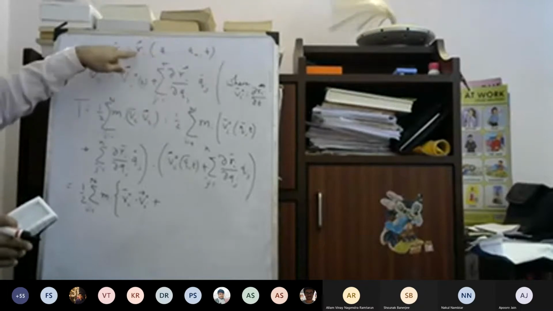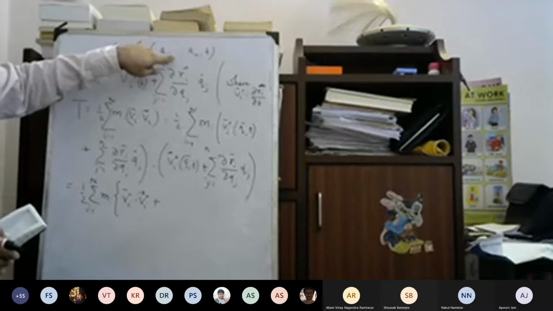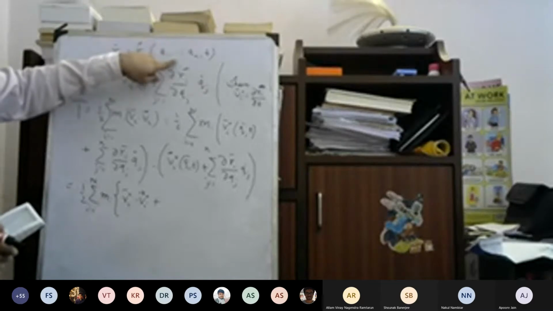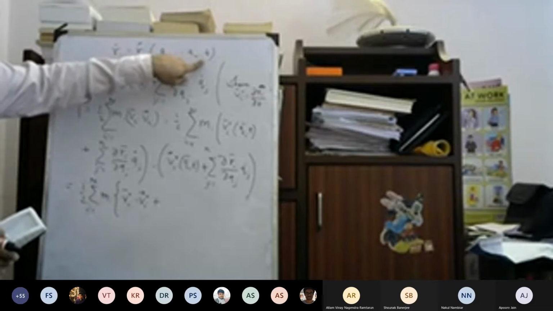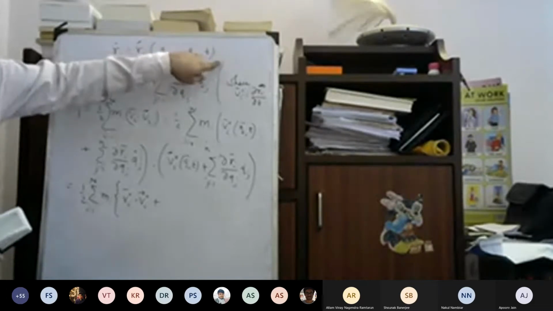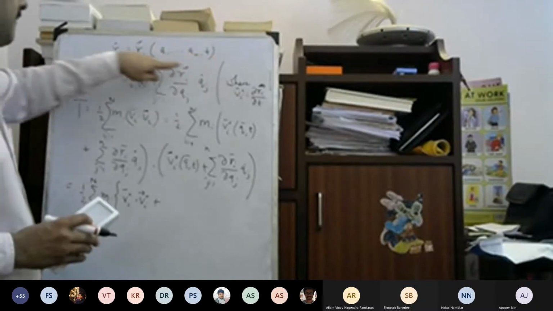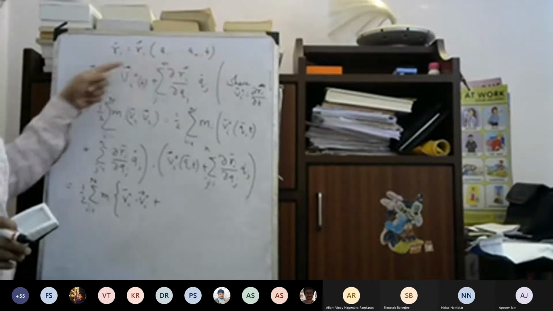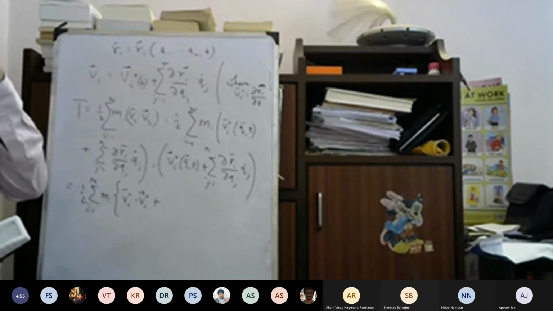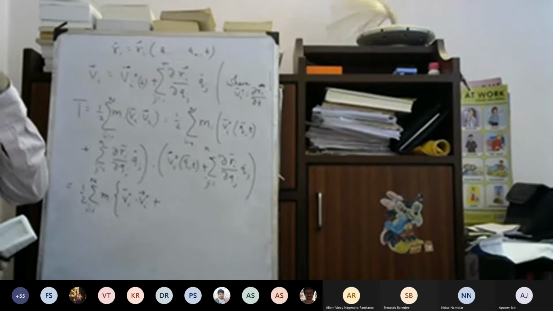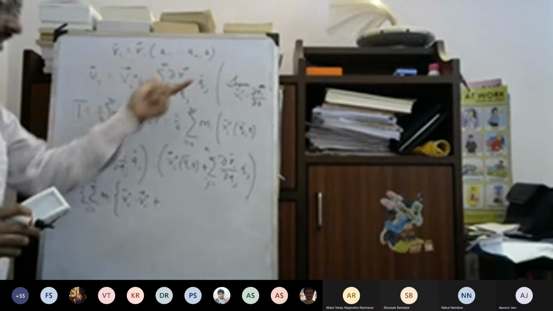So del ri by del q1 times q1 dot, plus del ri by del q2 times q2 dot, plus del ri by del t times t dot. What is t dot? Del t by del t, which is equal to 1, right? So this is what we are doing. Time is explicitly appearing here.